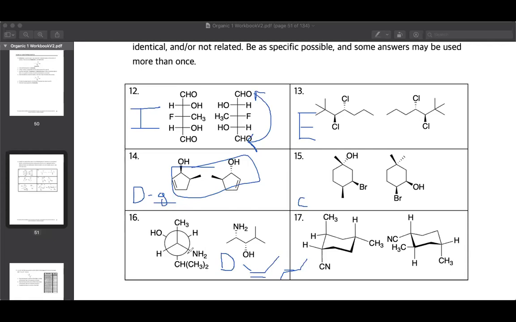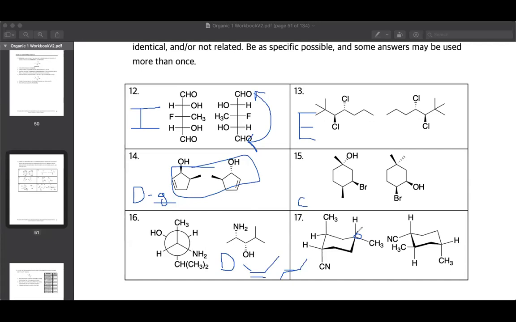So in 17, these look like chairs, okay? So how do I draw this? We never really practiced going from chair conformer back to planar depiction. If I call that 1 and I call that 4, you guys can hopefully use your trend. In this one, if 1 is being pulled up in this first chair conformer, and I want methyl to be equatorial, you would have to make that a dash, correct?